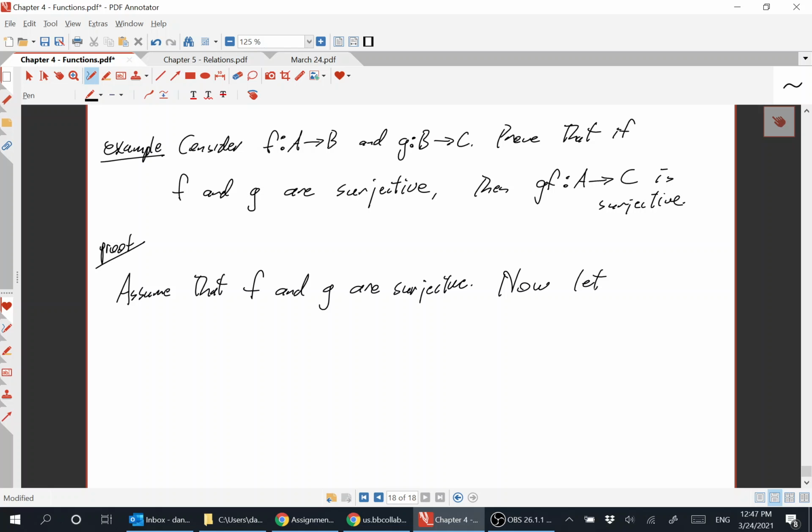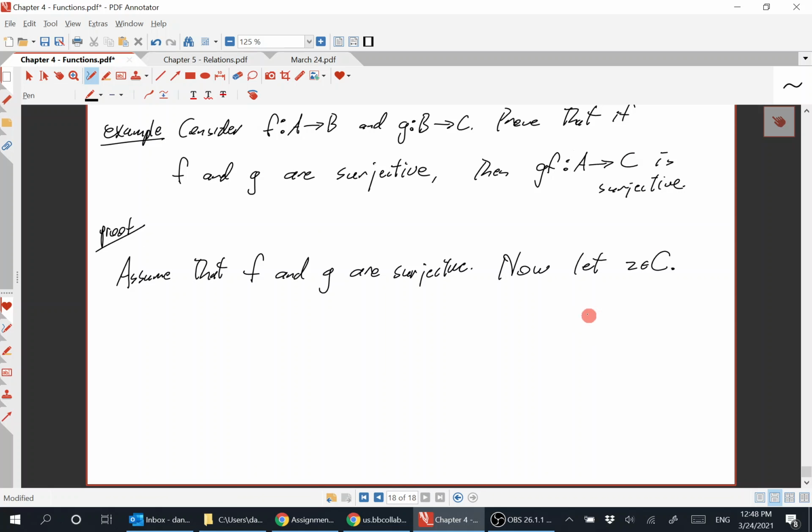We want to show that this function is surjective, so we need to pick an arbitrary element of its range. So let Z be an element of C. Now we need to find X in A such that G following F of X is equal to Z.